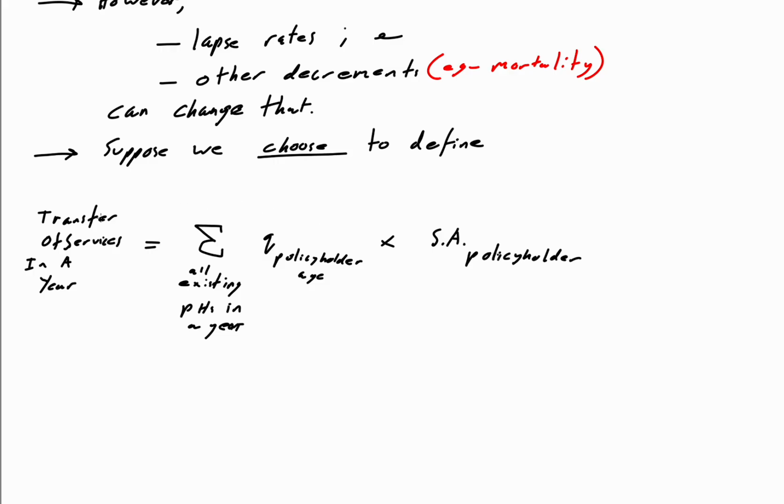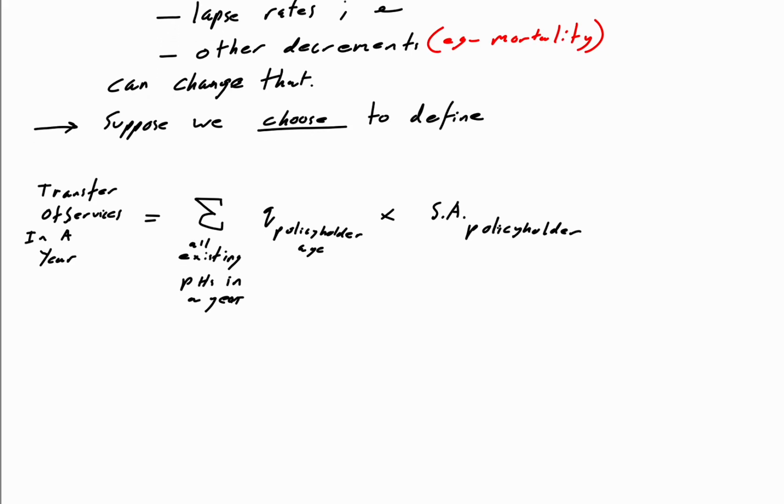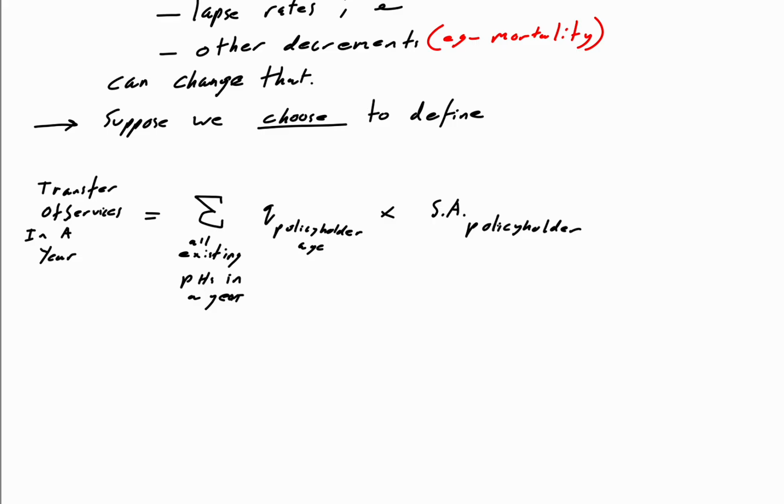So remember, when you read through the regulations, in place of transfer of services, you probably will see the words contractual units. But this comes to essentially the same way of thinking about this. You're trying to figure out how you should divide up the profit between all the different years, in line with the service that the insurance company is providing all the different policyholders.